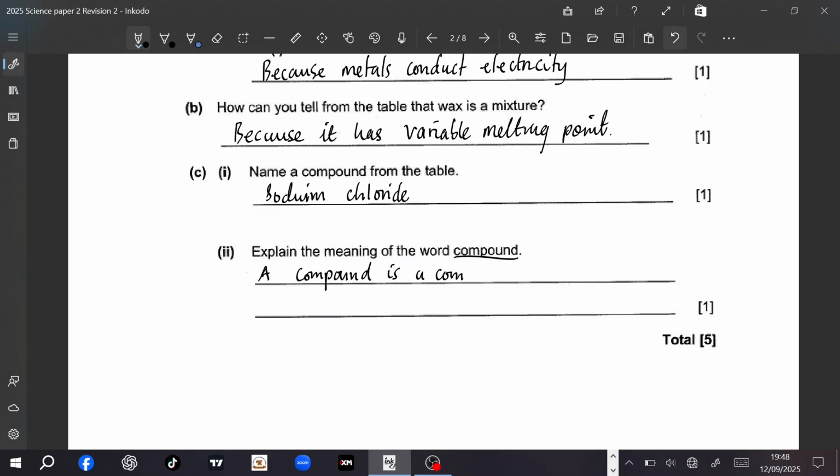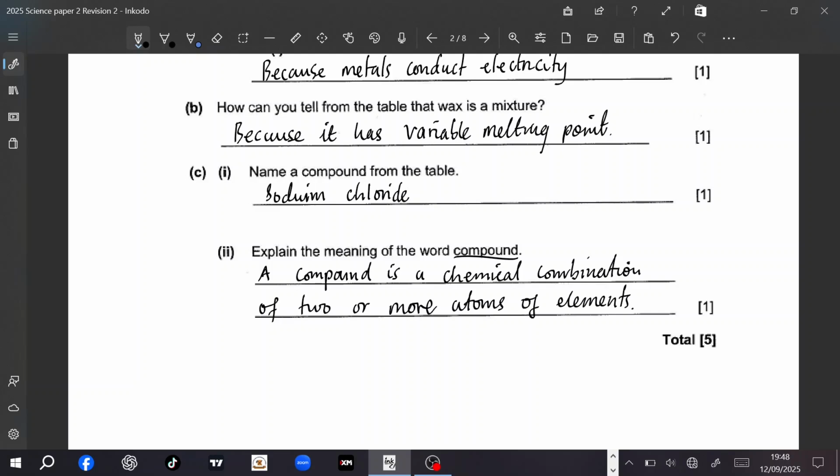In fact, the best way you can say is a chemical combination of two atoms of elements. So that's what a compound is.